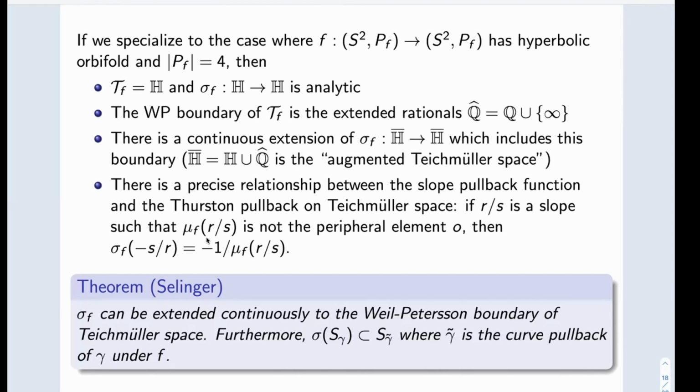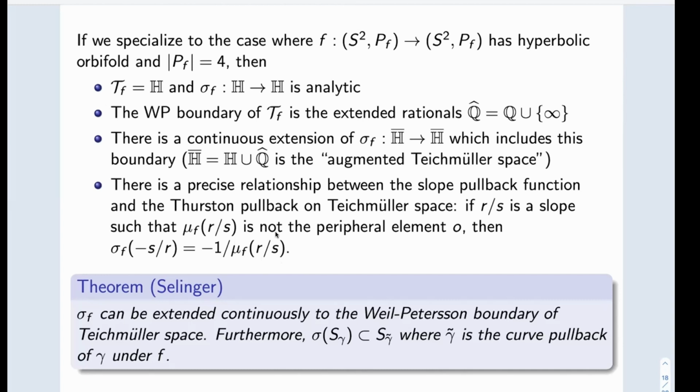Well, it turns out that if you look at sigma f of some rational minus s over r, then this is going to be equal to -1 over mu f of r over s. So it's going to be conjugate via the map -1 over z, I suppose.